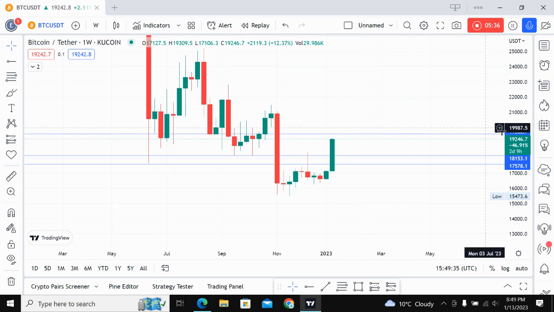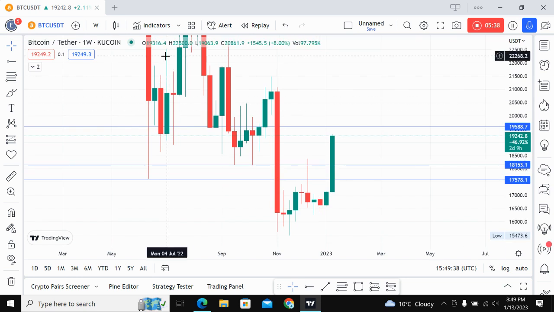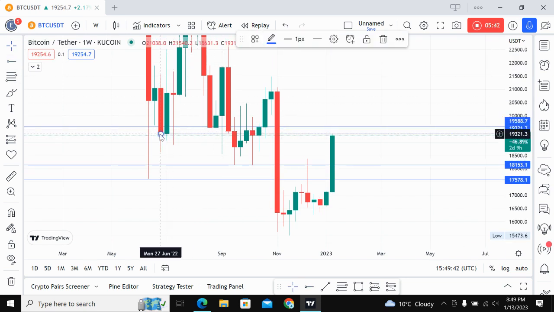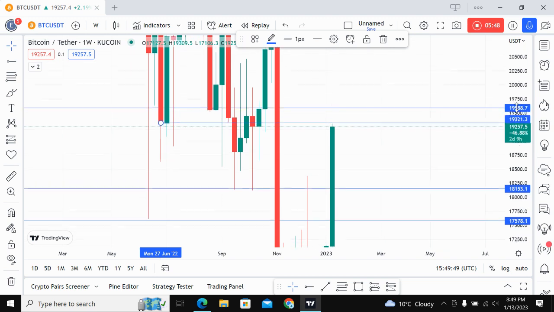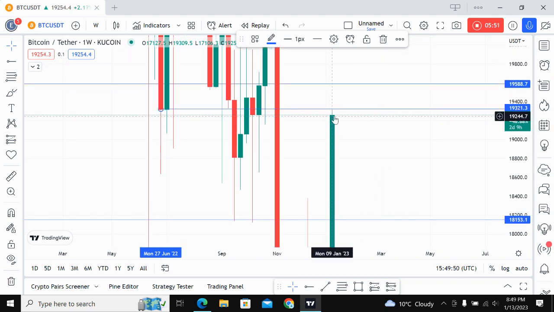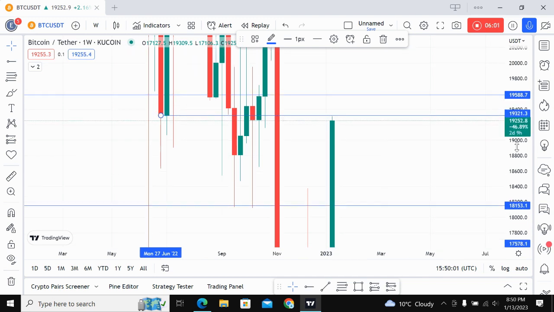Another small resistance could be from this area, which is around 19,333. As you have seen, it previously got a little bit of rejection from here. It touched this point here, here, and here on 9th January 2023.